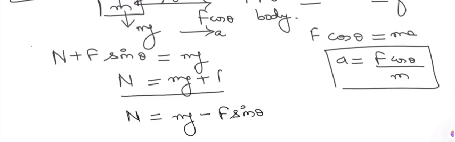Done? Okay. So let's come to the next thing, and that is your next question. So I am taking the next question, such as, suppose here I have a thread, and here I am tying a mass of, let's say, 5 kg, and here I am tying a thread.